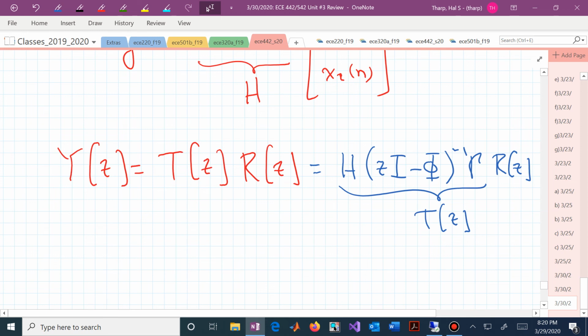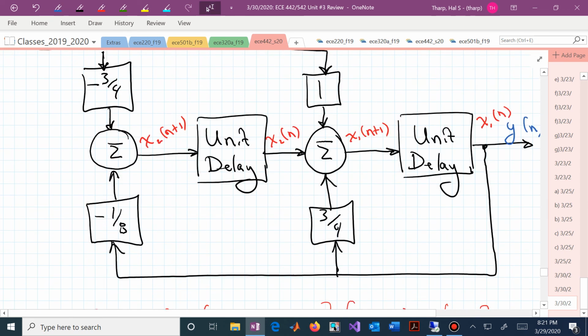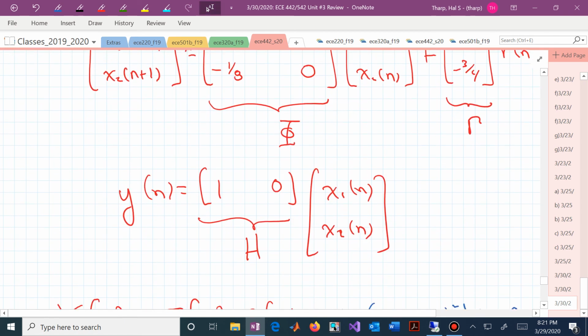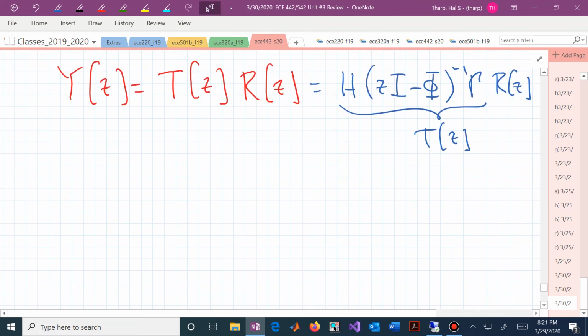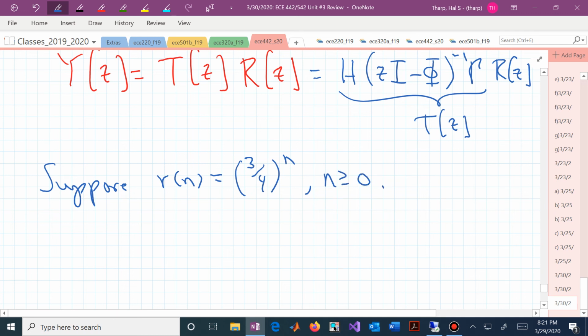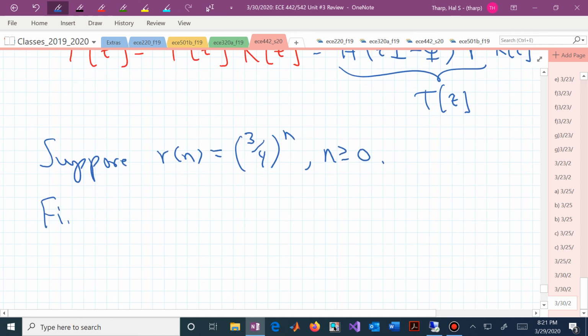So they could give you the T of z, they could give you the all delay block diagram, they could give you this state space representation, but no matter what they've given you, let's say that they say, oh, suppose r of n was in fact 3/4 to the n for n greater than or equal to 0. And they say find the structure of y of n.